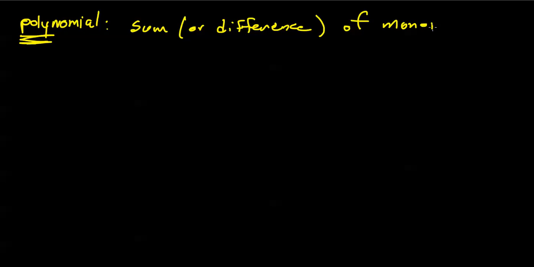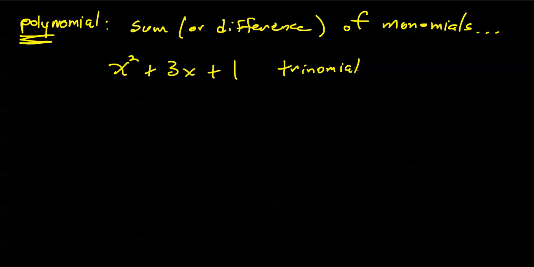Any number of monomials being added or subtracted together is a polynomial. For example, x squared plus 3x plus 1, I call that a trinomial because it is a sum of three monomials.